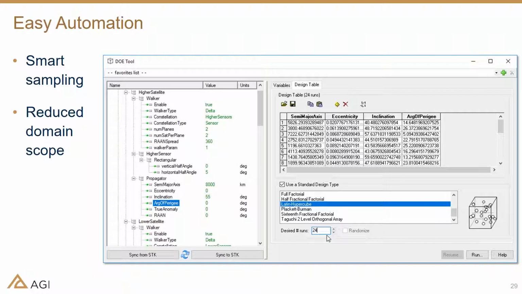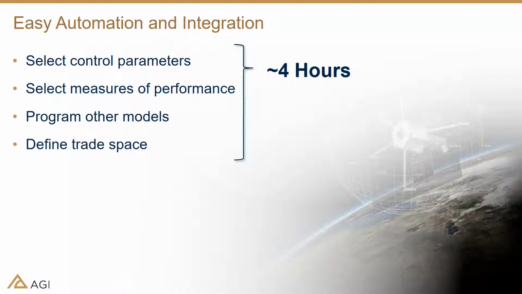But one of the hedges against that is to use smart sampling algorithms that avoids full parametric variation over all possible ranges of factors. So that's what you see here, is the ability to select a number of data points that you want to use as the entire scope of your trade study, and have a smart algorithm figure out how to distribute the variation or parameters over that trade space.